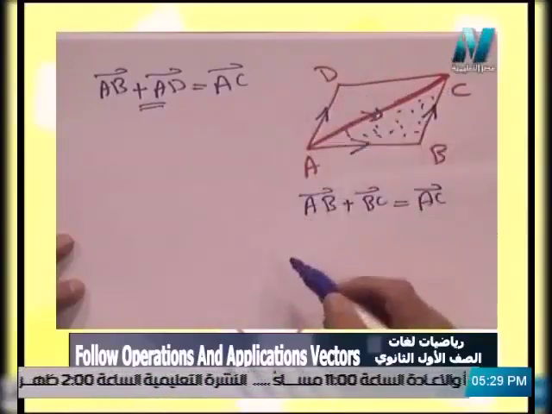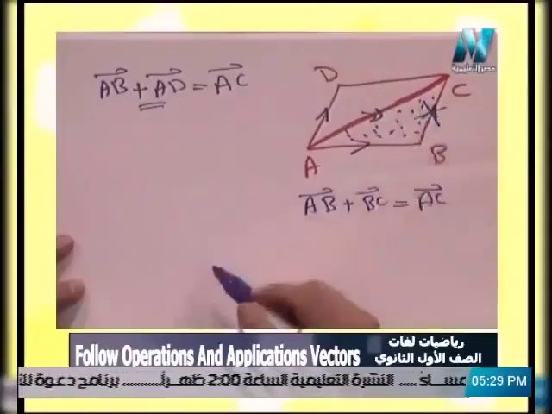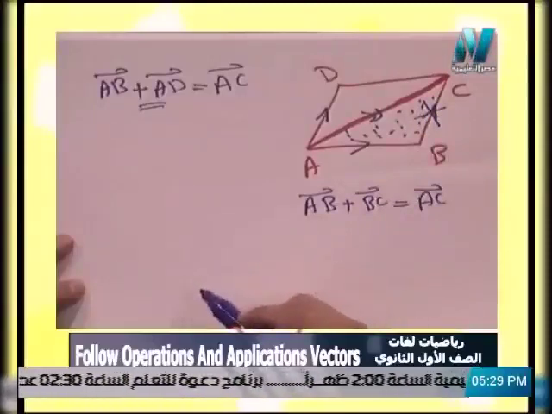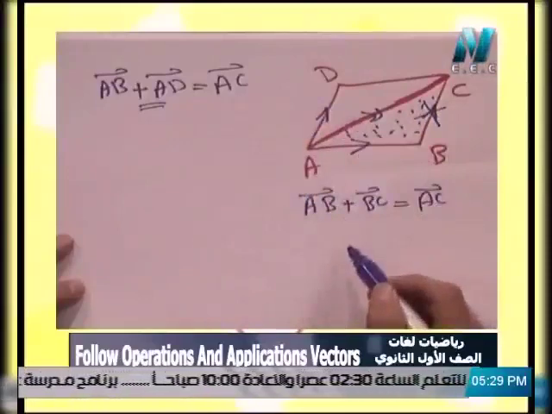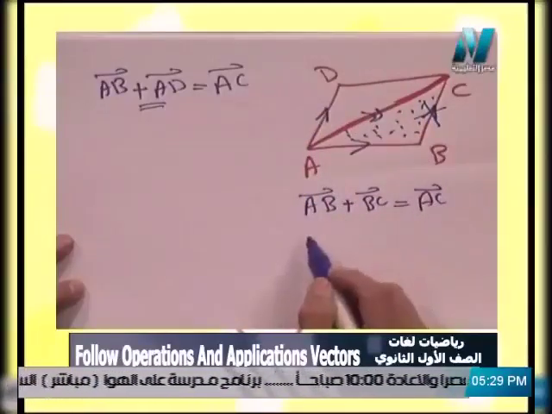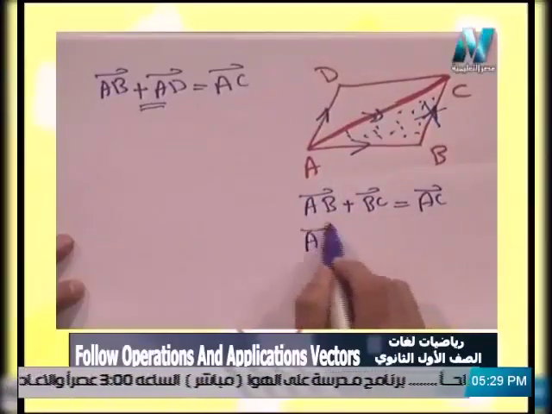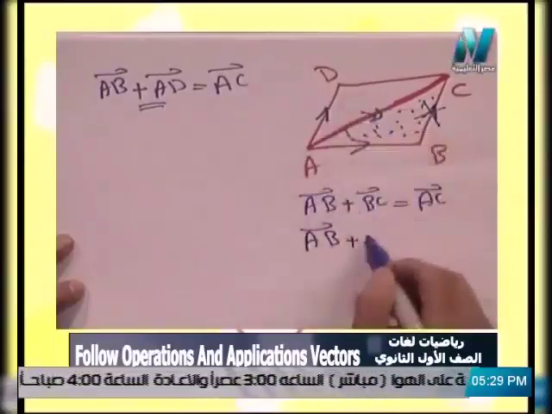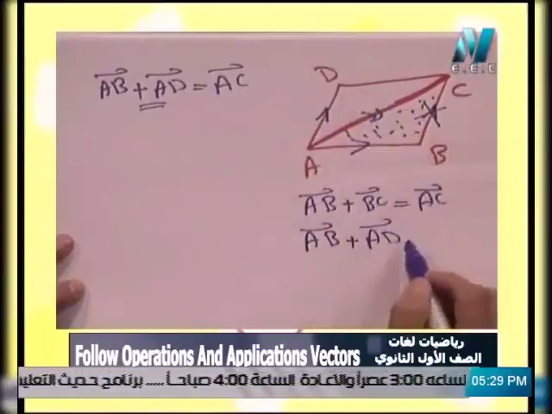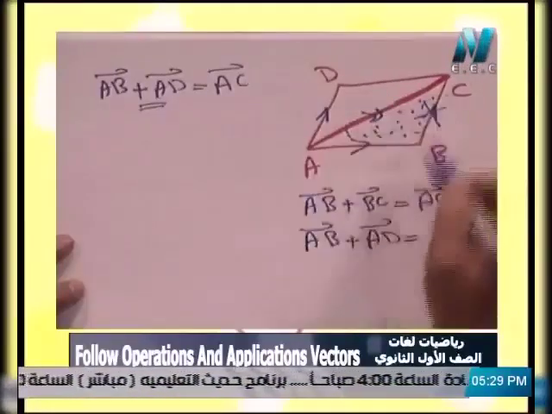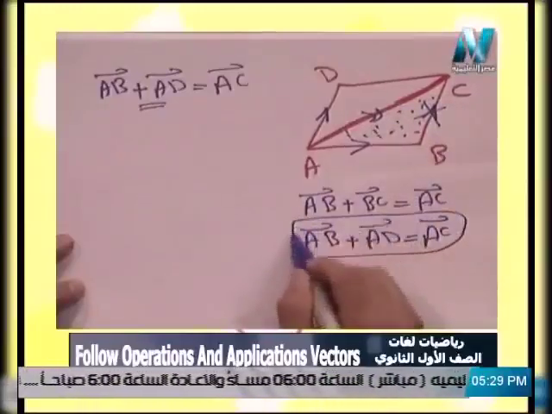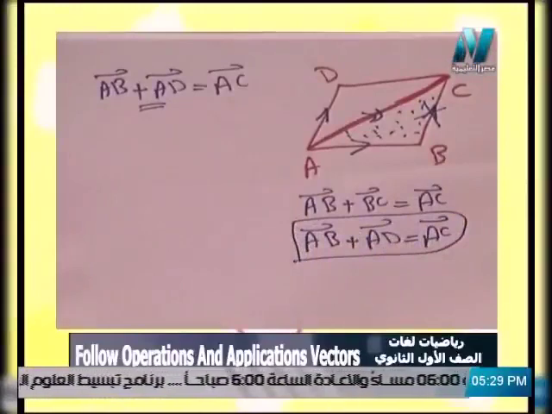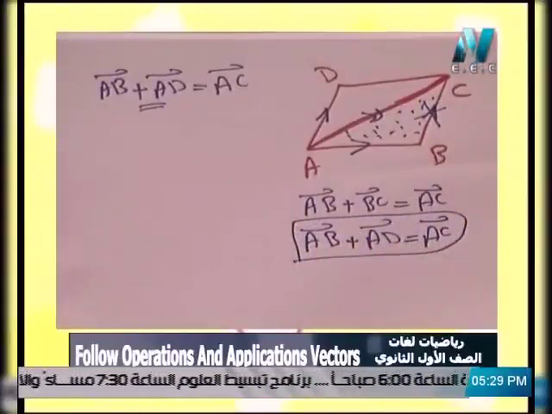So we can cancel the vector BC and put the vector AD instead. So the vector AB plus the vector AD equals the vector AC. This is the important rule for the parallelogram.